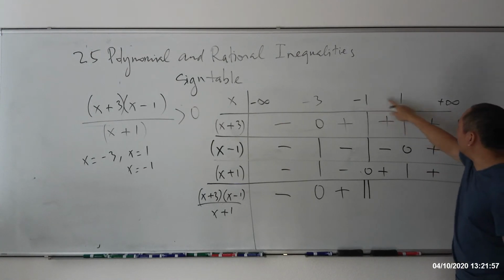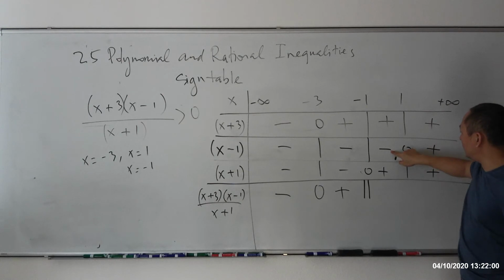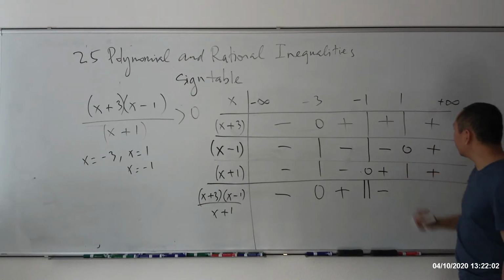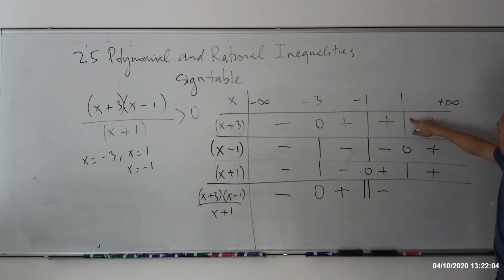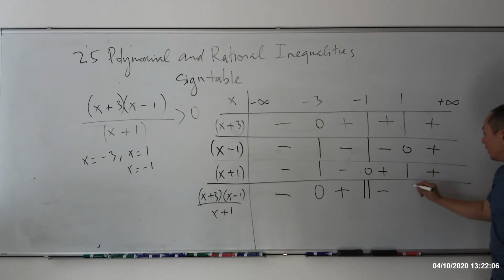From -1 to 1, positive times negative is negative, divided by positive is negative. X equal to 1: something times 0 is 0, divided by something is 0. 0 divided by something is okay, but something divided by 0 is not okay. Positive, positive, positive, so this is positive.